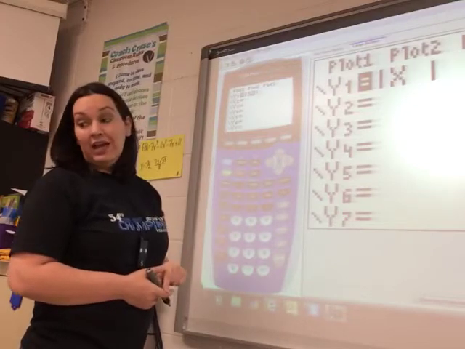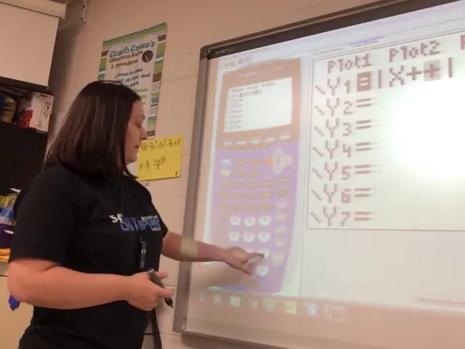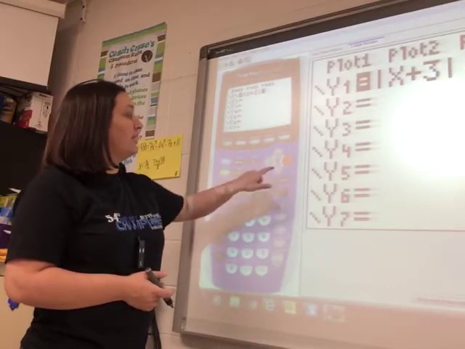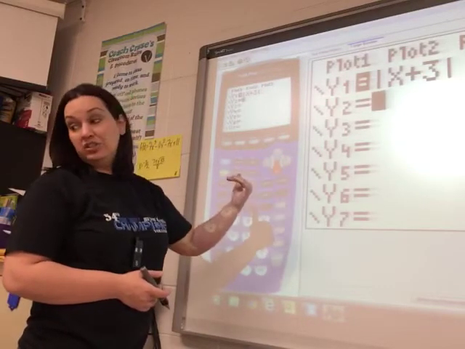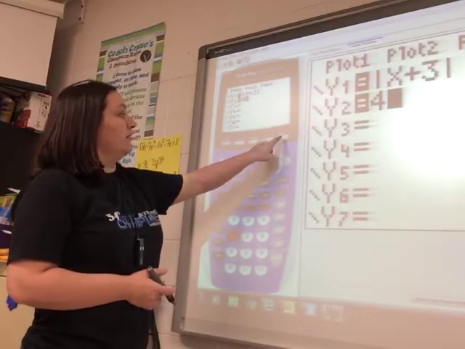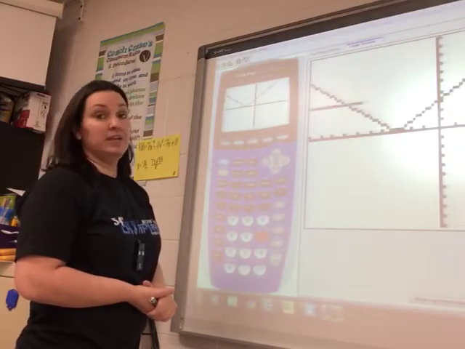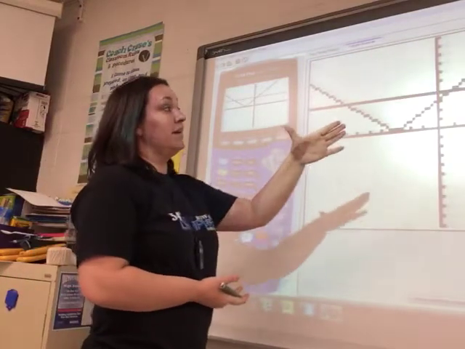Inside here we have x plus 3. Okay, that's my absolute value section. My linear section was just 4. And we're just going to graph this.